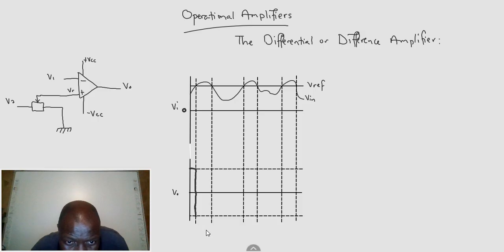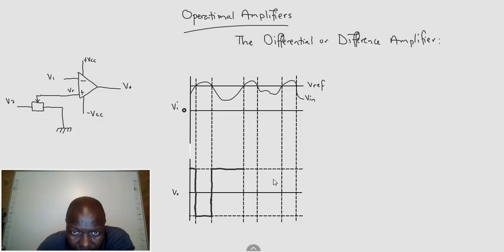This is supposed to be a straight line, and it will switch to indicate that this one is bigger. Now that one there is bigger, so it switches back because we have the first scenario, and our output goes higher.